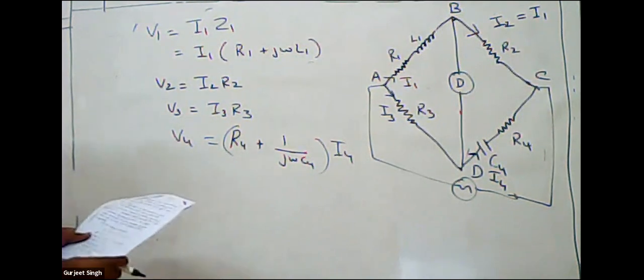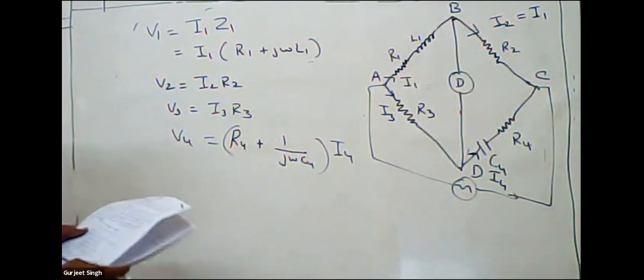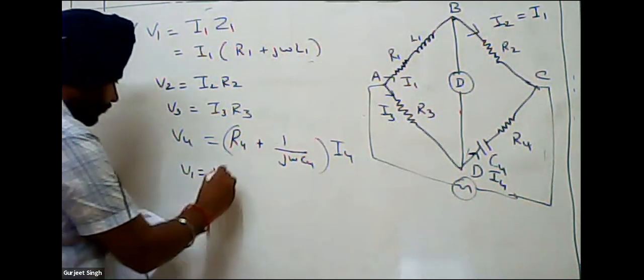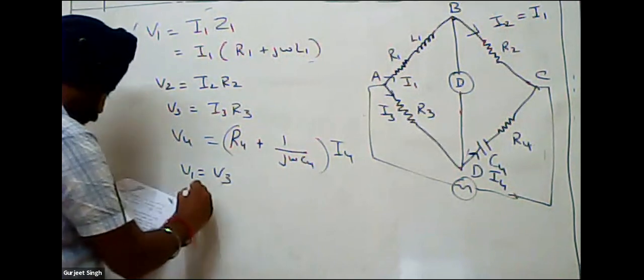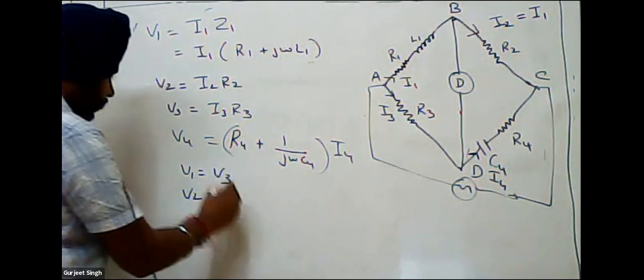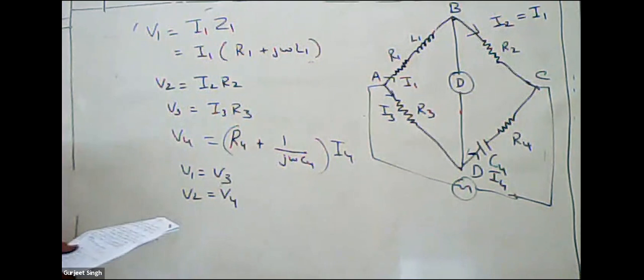Now we will use the identity V1 is equal to V3, and V2 is equal to V4. Now we are putting the values in this equation.